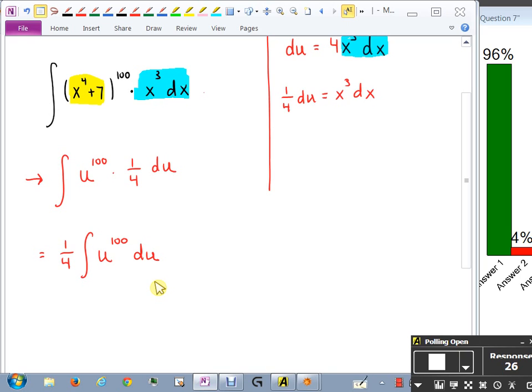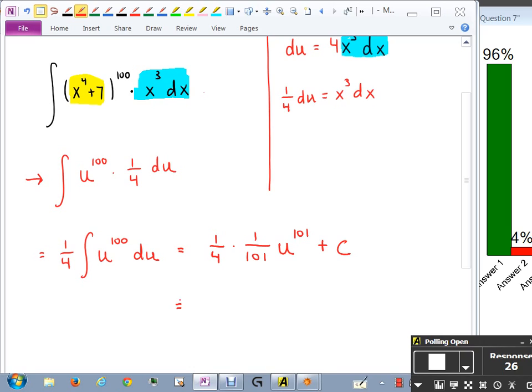The antiderivative of u^100 is 1/101 u^101. But then I have a 1/4 out there. So that would be 1/4 times 1/101 u^101, plus my constant.